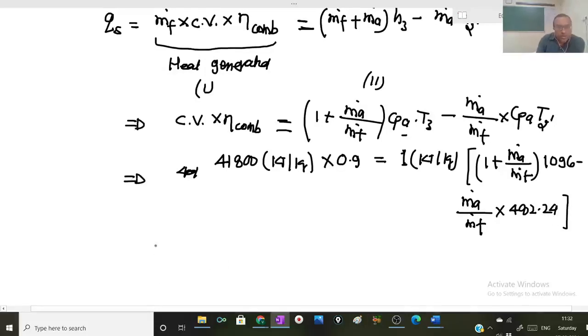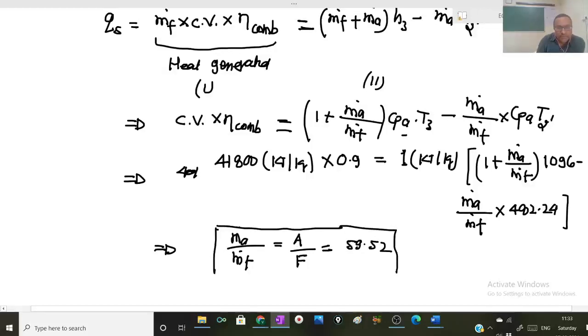So what parameter will I get from here? If you solve this, I will get the ratio of mass flow rate of air to mass flow rate of fuel, which can be termed the air fuel ratio, and this value comes out as 59.52. Correct? You people also do it, and please confirm this value.